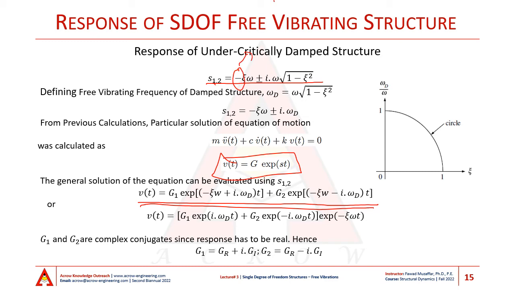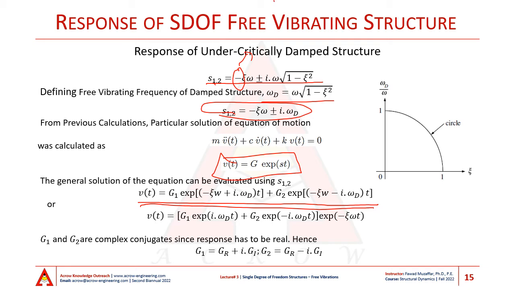Now if we define the natural frequency of a damped system as ωd equal to ω into the square root of 1 minus ψ squared, then the two roots to calculate the value of S can be written as this equation: S1,2 is equal to minus ψ times ω plus minus i ωd.